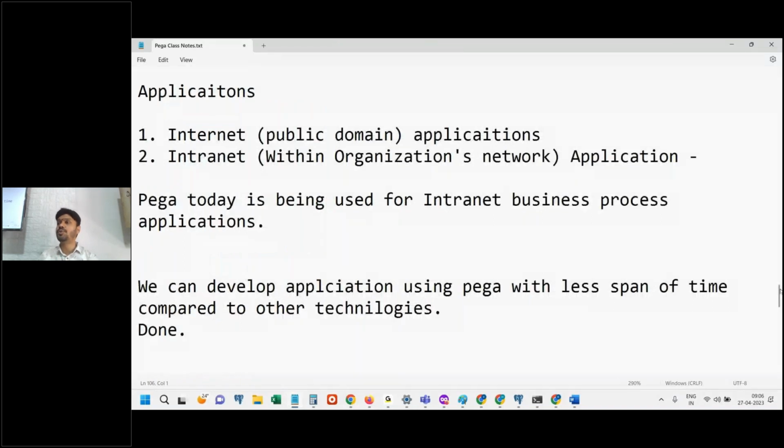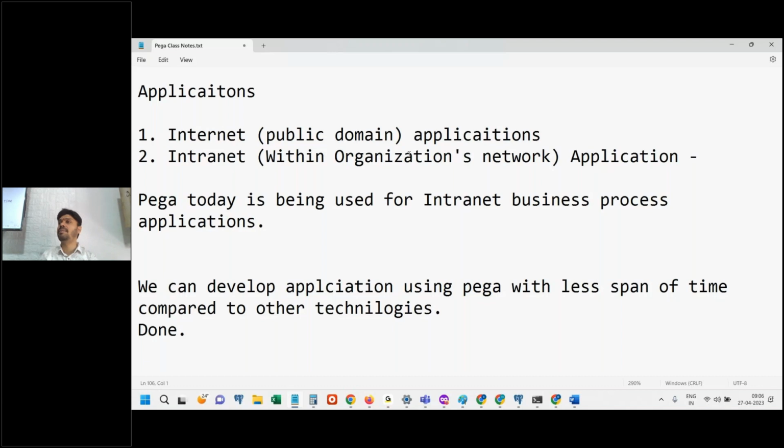Especially today, what type of applications are available, developed, already running, and built by using PEGA? So two types of applications are there: internet, intranet. Internet are public domain. Anything you access on the internet, www dot something, is public domain.